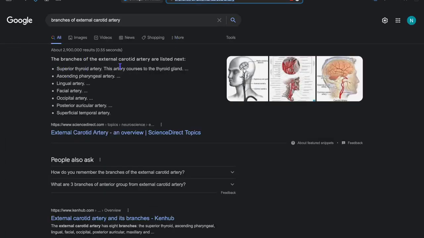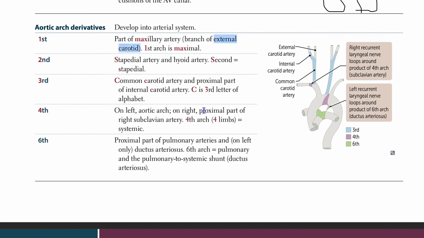So starting from the top, you have facial artery, then the lingual artery, then the superior thyroid, and behind it you have ascending pharyngeal artery, and then you have the ears, so posterior auricular artery, and behind it you have occipital artery, superficial temporal artery. So part of this would be the maxillary artery, I guess. Right. So maxillary artery, external carotid artery.